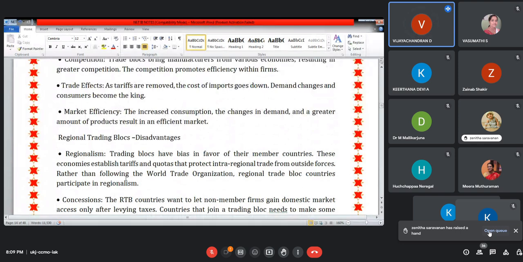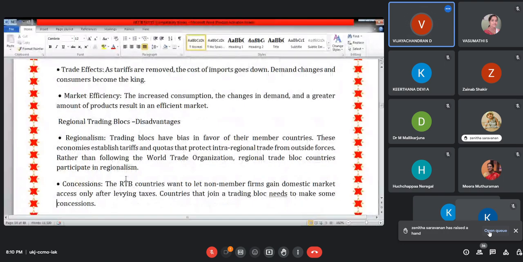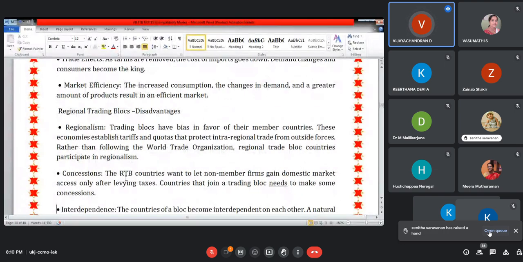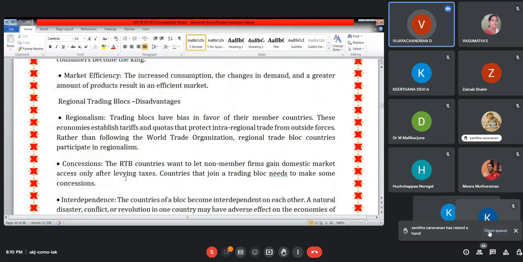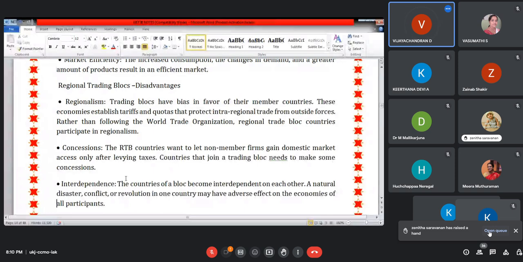They will dominate, like I told you, OPEC. If you want to import crude oil, they will charge more. If the countries decide the price, you will have to go for that price. Otherwise, you can't import the commodities. So regionalism and that domination will be there, that is a disadvantage.